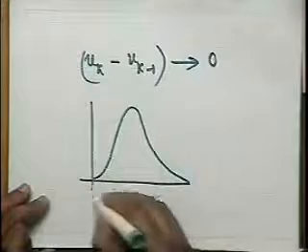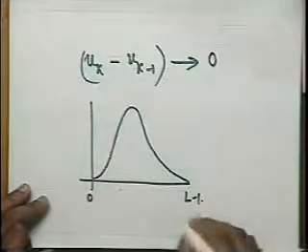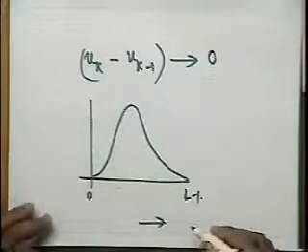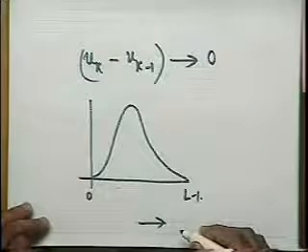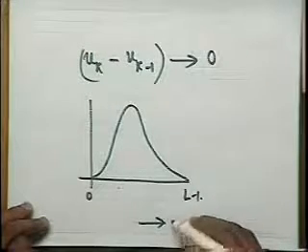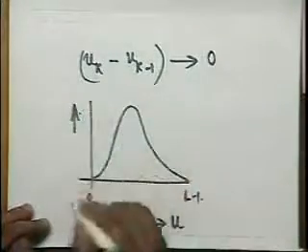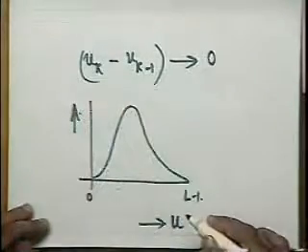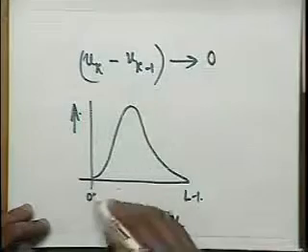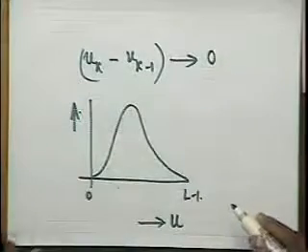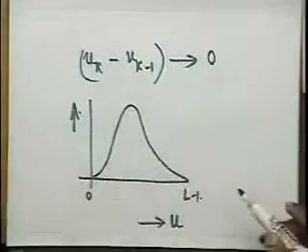See, this is 0, this is L minus 1. I will no longer call this UK, because now it has become a continuous function, so I will call it U, and this is NK by N, or rather the relative probability of occurrence. Now for the continuous case, what name should I give to this curve?